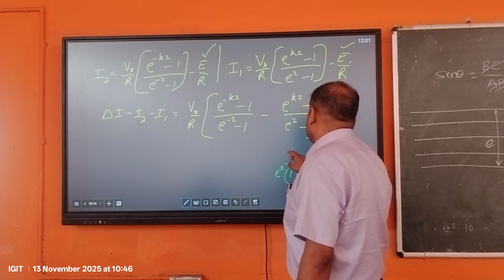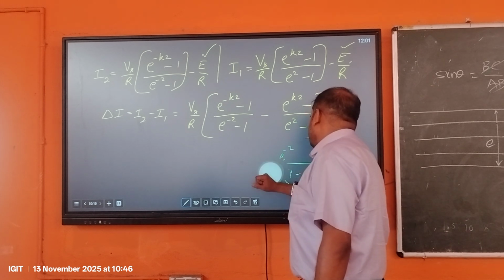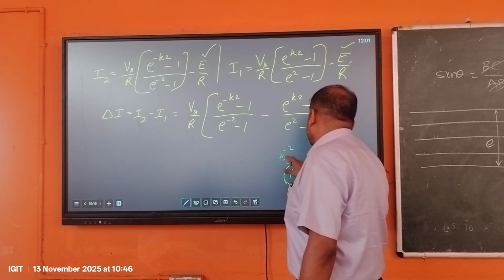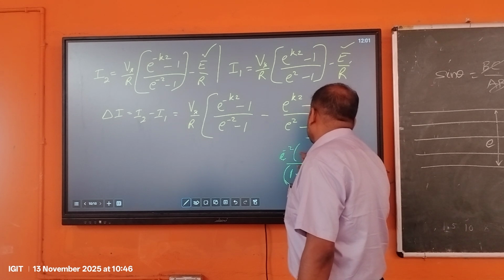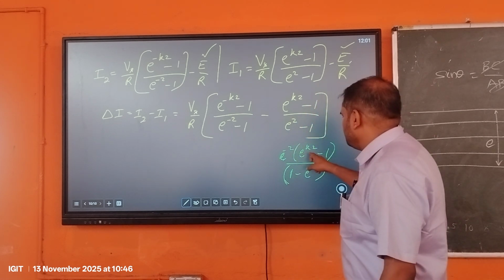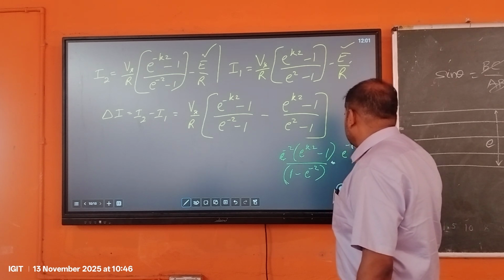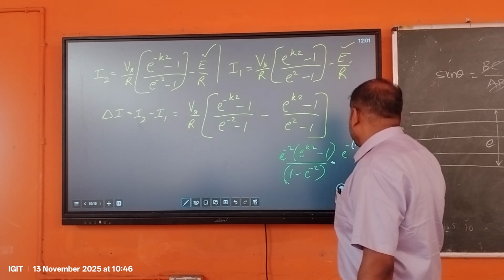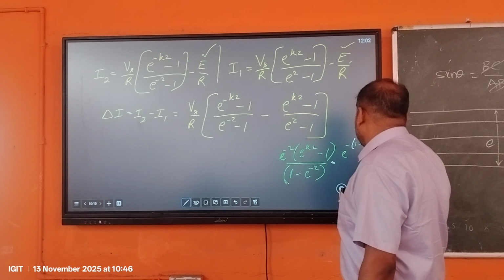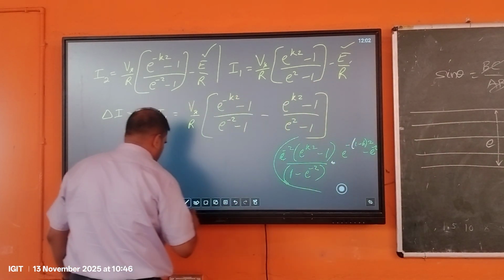So this will be e to the power minus z on the top, correct? So e to the power minus z when multiplied with e to the power kz minus 1, this will be what? E to the power minus 1 minus k whole times z, minus e to the power minus z. Such kind of thing. This is rough work.